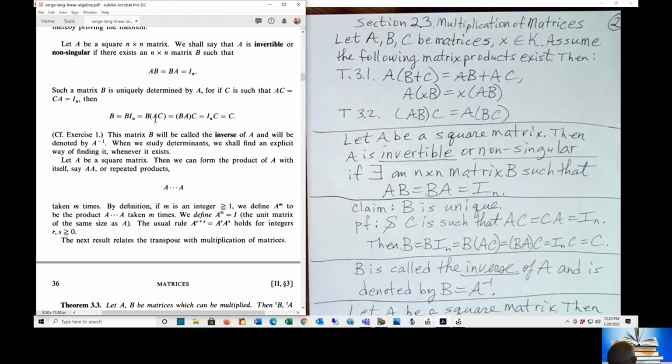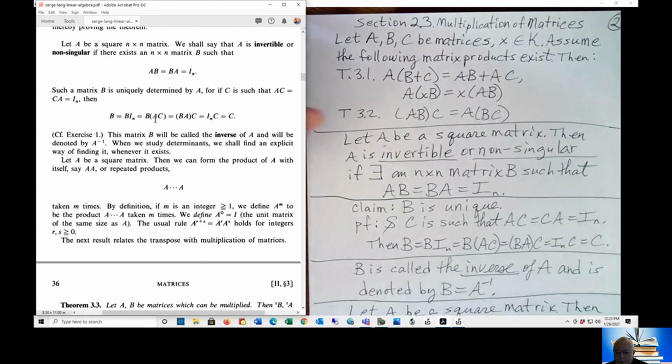It's the identity. And the identity times C is C. So the inverse, when it exists, is unique, right? So B is called the inverse of A, and it's denoted by A inverse. So now, when the inverse exists, we don't yet know how to find it. Well, we do know how to find it by using methods from the entry-level class, actually row reduction. We'll do that another day.